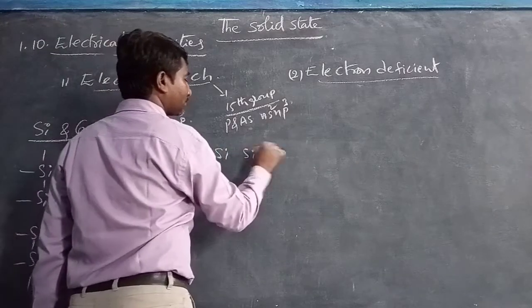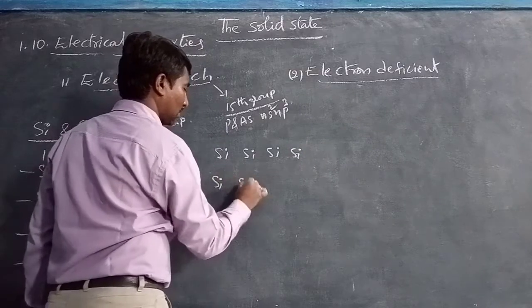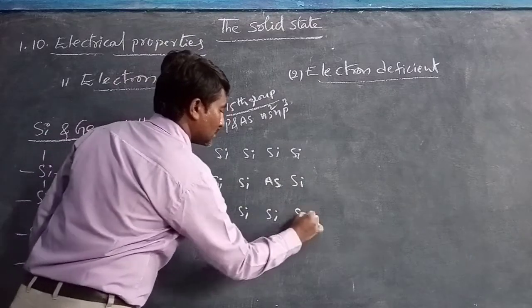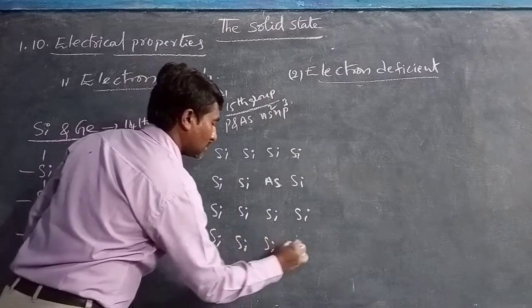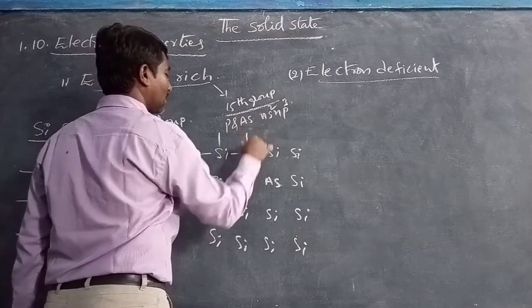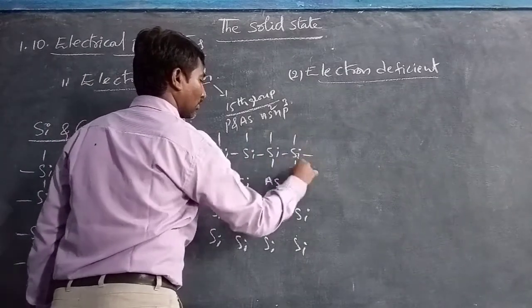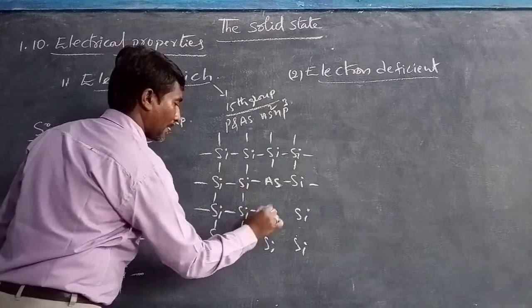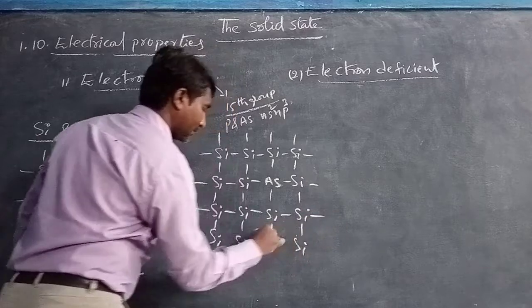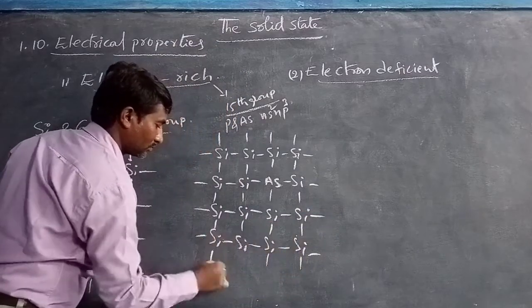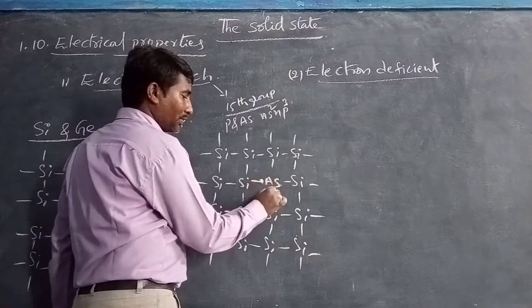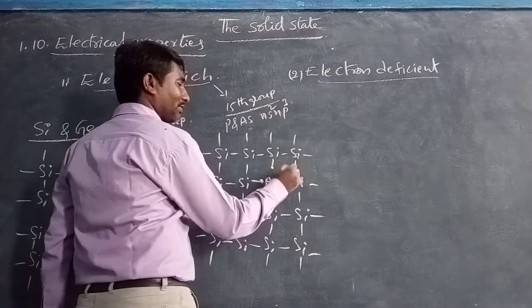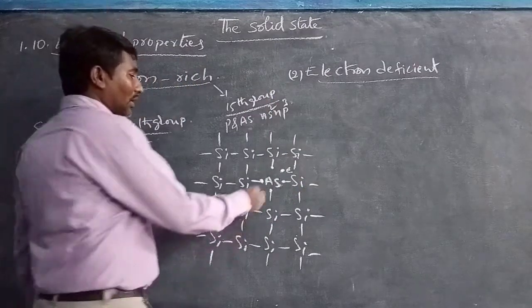So when adding arsenic to silicon, what happened? Silicon has 4 electrons around it. Here, 1, 2, 3, 4 electrons bond, and 1 is remaining, because there are 5 electrons in the outermost shell. So the 5th electron is here, remaining like this.